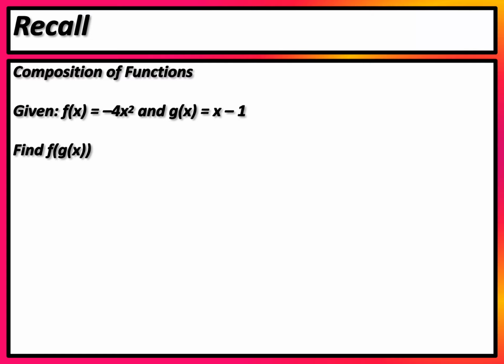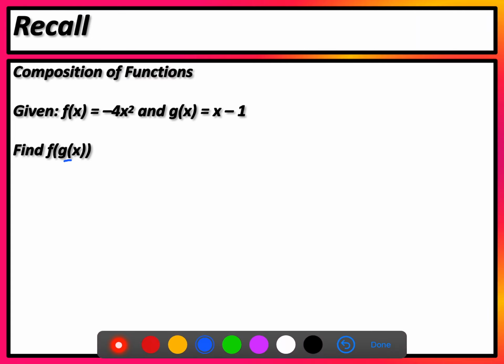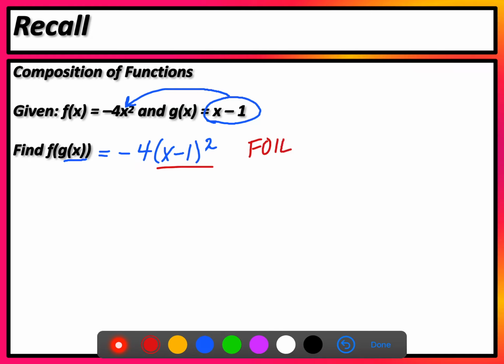Okay, so really quickly, how do we do composition? Working inside out, we're going to take g of x and plug that into f. So anywhere that you see an x, you're going to replace it. Remember that when you square a binomial, that means you have to FOIL.